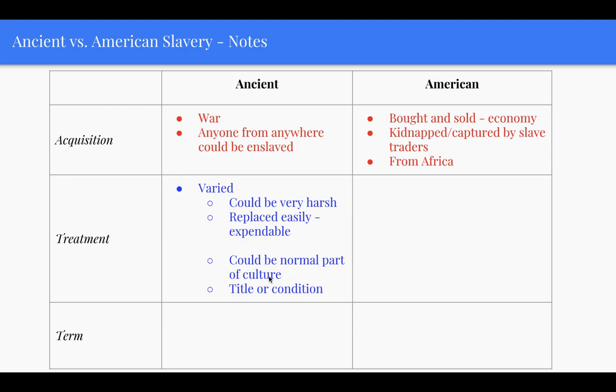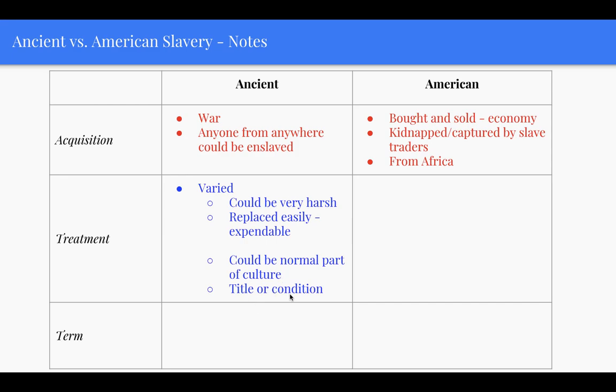It could be a normal part of a culture in ancient times. So in other words, having enslaved labor was just normal. It was the way things were. Whereas when it was brought to the Americas, and that African version that we'll talk about, where you have enslaved labor that's from Africa, it wasn't a part of British culture. It was adopted mainly from what was being used by the Spanish and the Portuguese in the Americas.